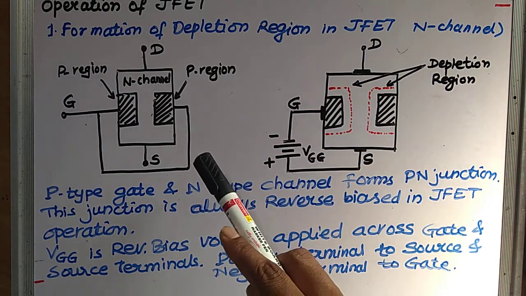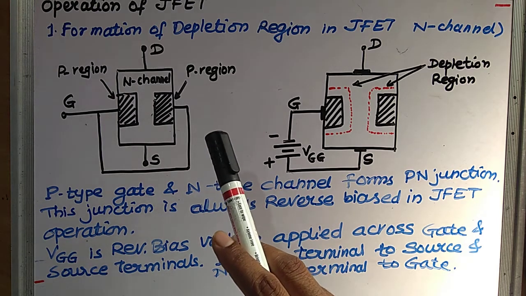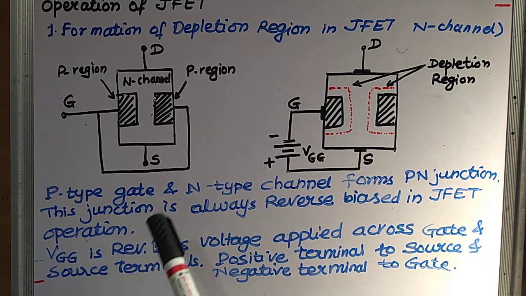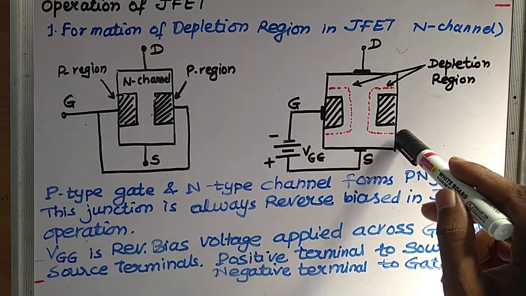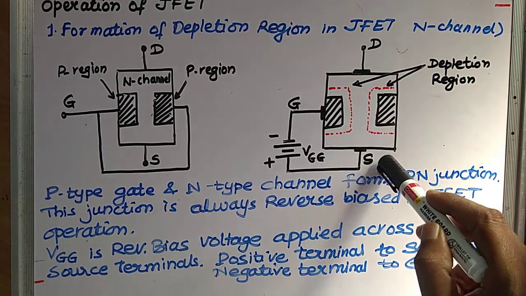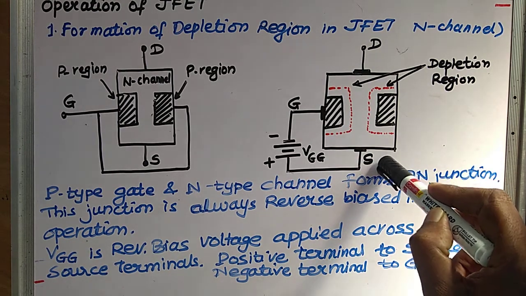Now for the proper operation, the JFET must always be reverse biased, especially the gate to source voltage. As I have drawn here, the gate to source is always reverse biased for the proper working of the JFET.